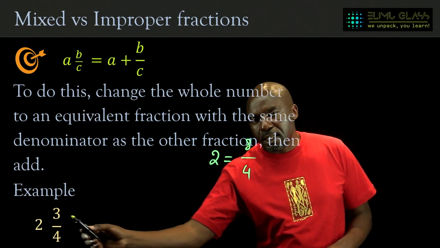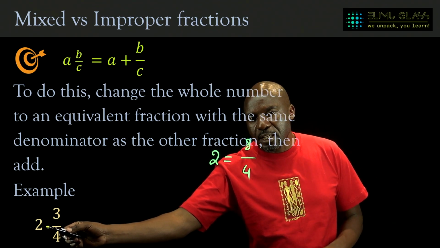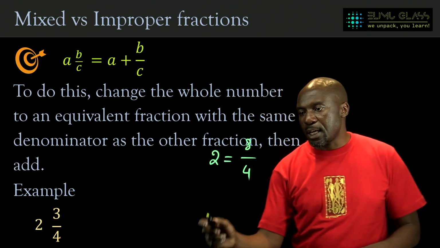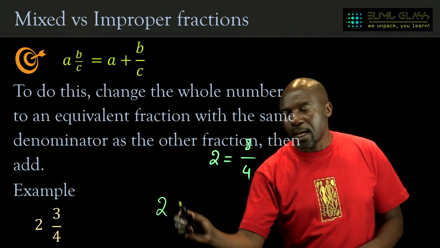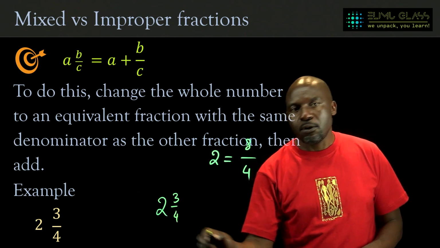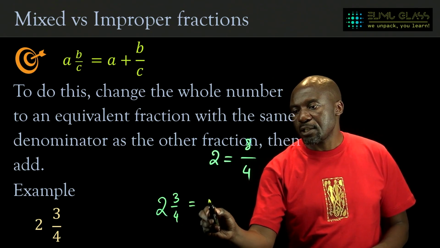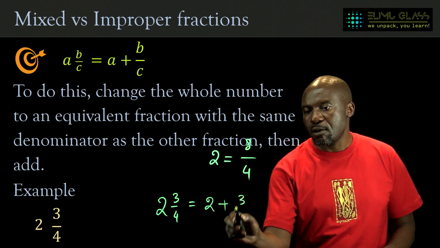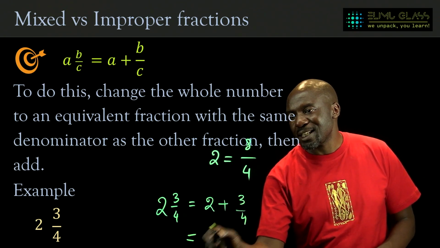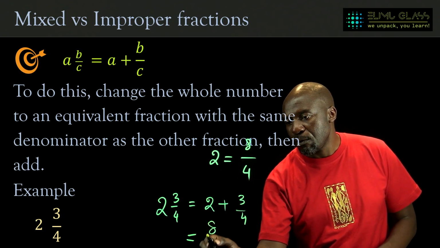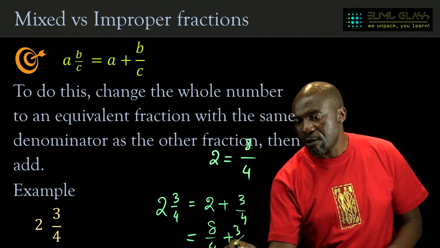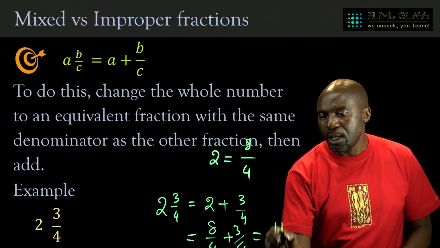And remembering that in between here is an addition and not a multiplication sign, now we can write that. So 2 and 3 over 4 can now be expressed as 2 plus 3 over 4, which is the same as 8 over 4 plus 3 over 4, and that gives me 11 over 4.